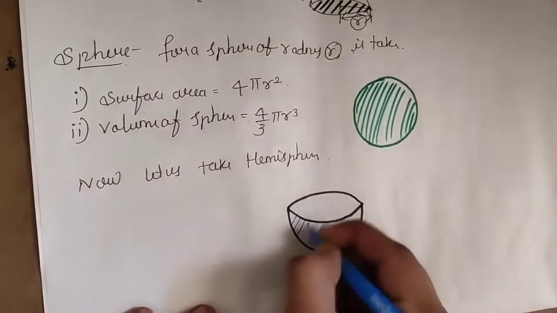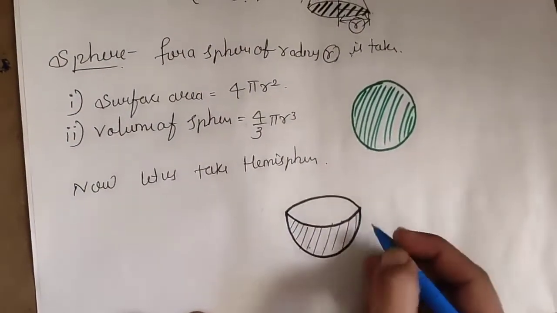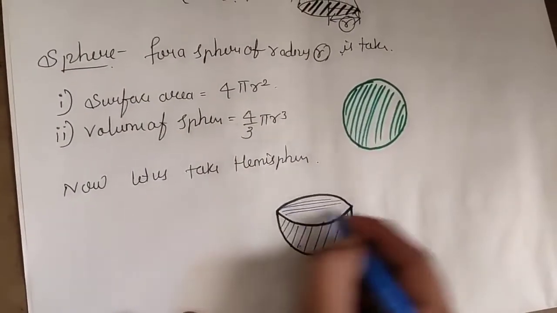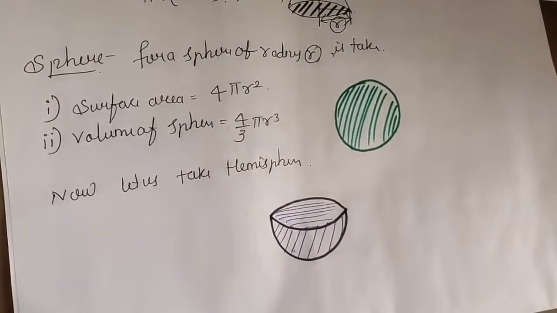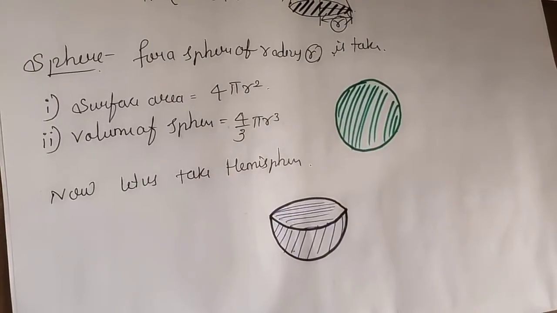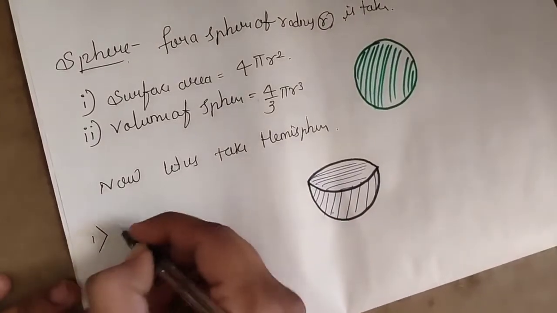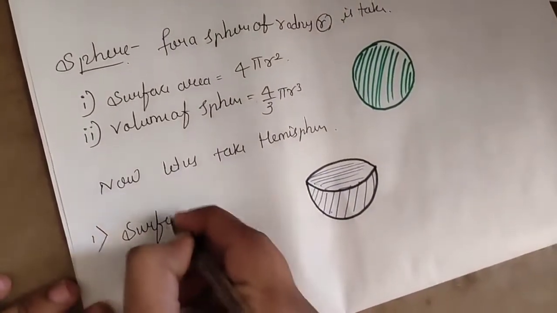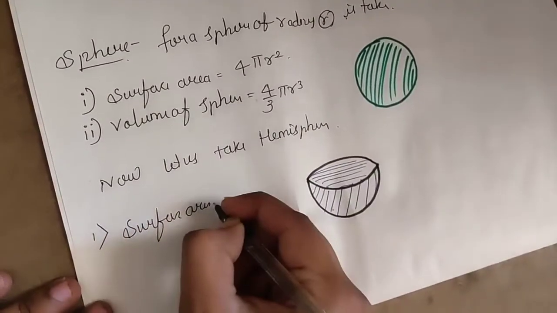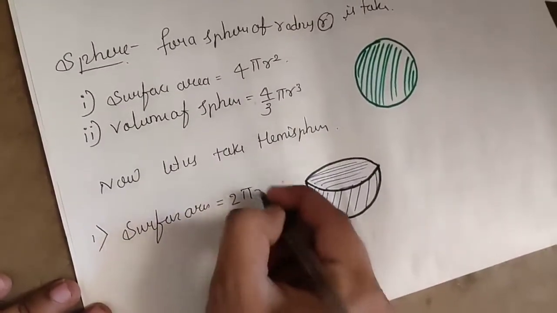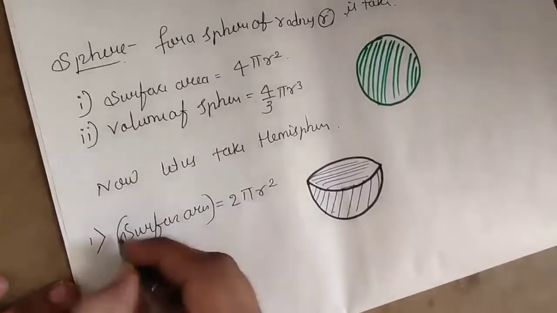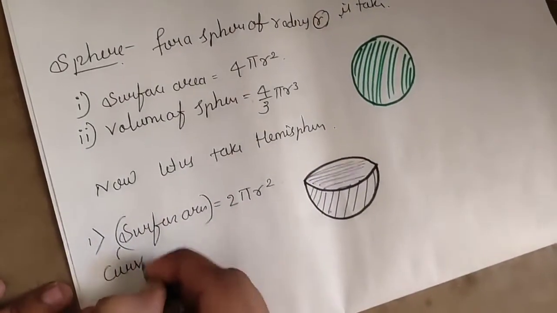This part is curved surface area of hemisphere and this part is base. For hemisphere, surface area is 2 pi r square. Just surface area means curved surface area.